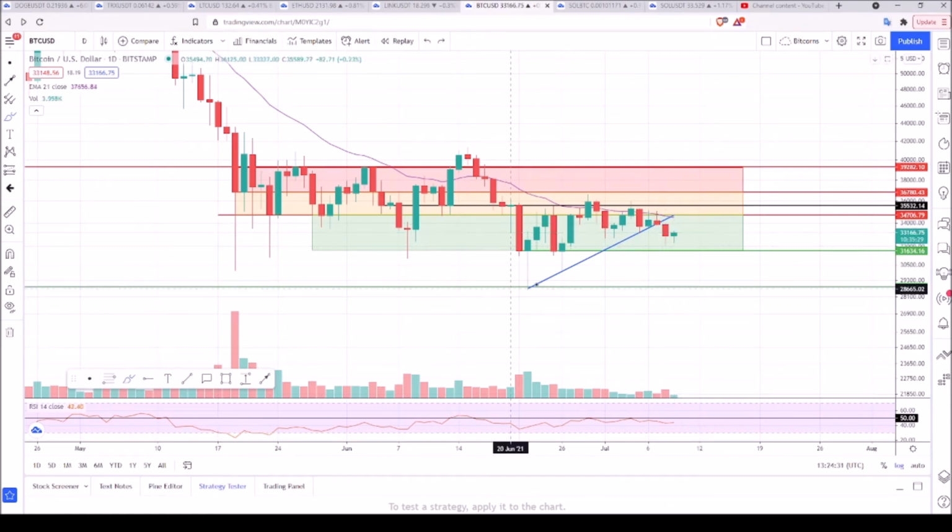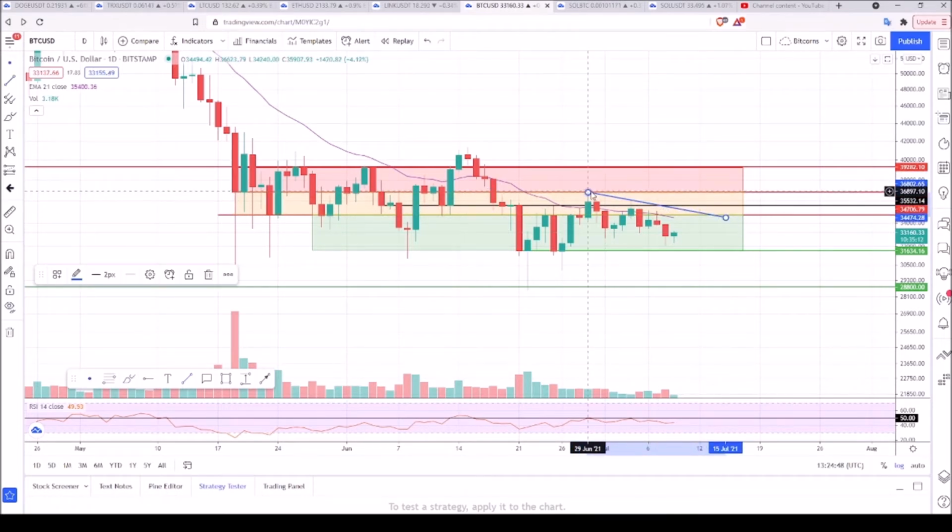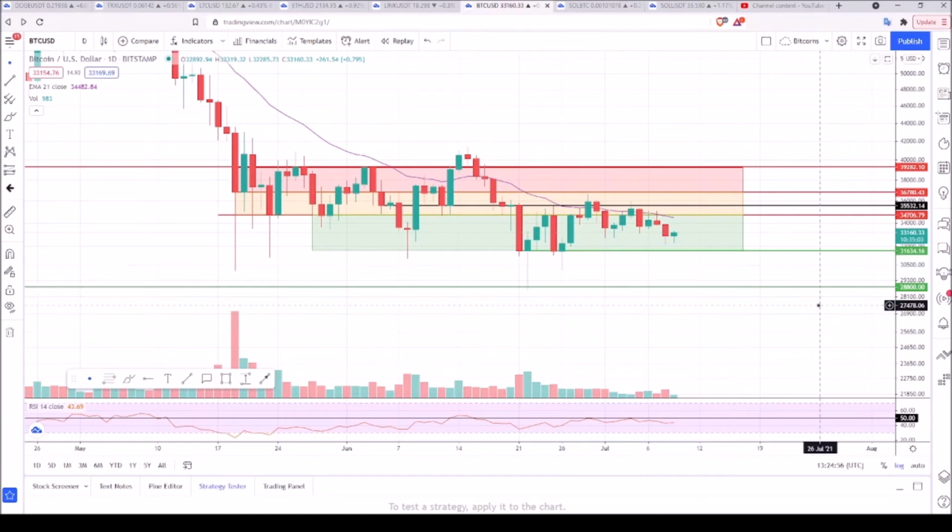So this nice little diagonal here is no longer valid, and we can get rid of it. As always, horizontals are more legitimate than diagonals. Diagonally speaking, we really don't have anything on the top side. There's really not anything too interesting on the bottom side. No matter where you try to draw this, there's nothing with like a 3-touch verification or anything.